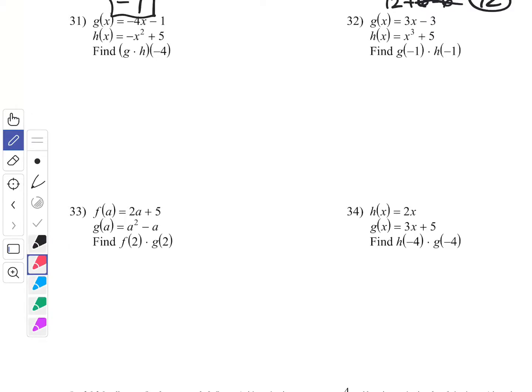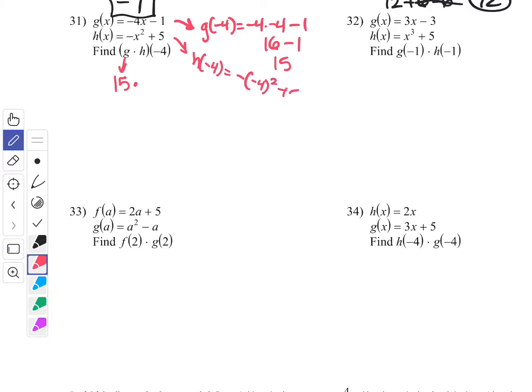to do these ones. Okay, so g of x would be g of negative 4 equals negative 4 times negative 4 minus 1. Negative 4 times negative 4 is positive 16, minus 1 is 15. So I know g of negative 4 is 15. Now we do h of negative 4, so negative 4 squared plus 5.